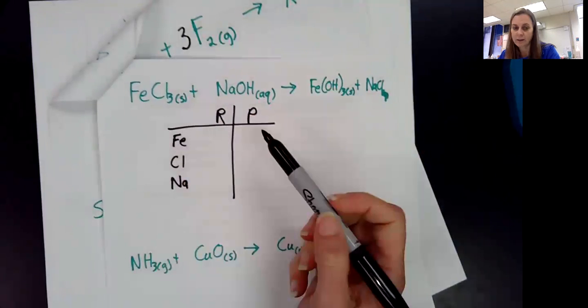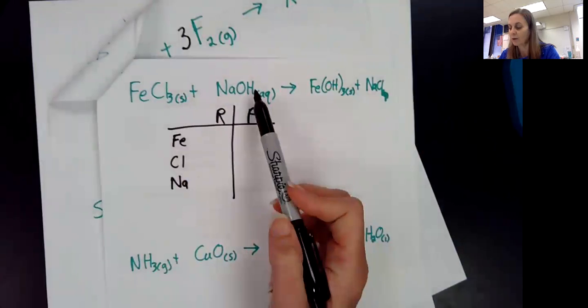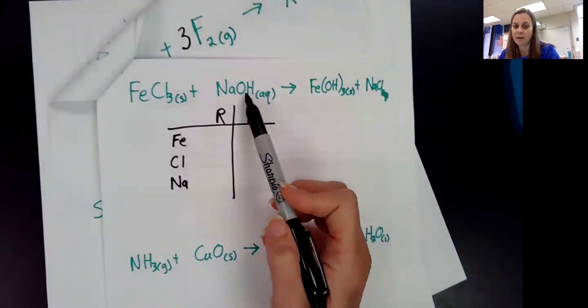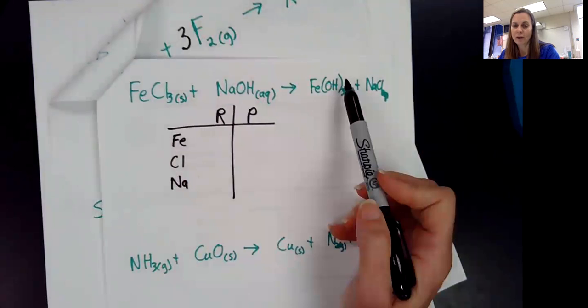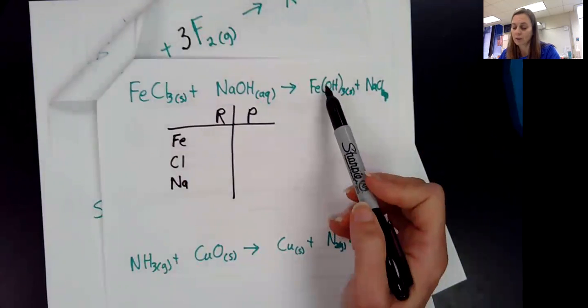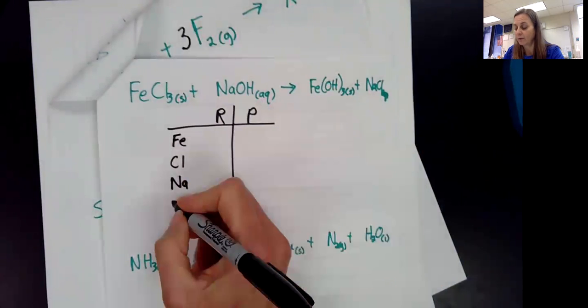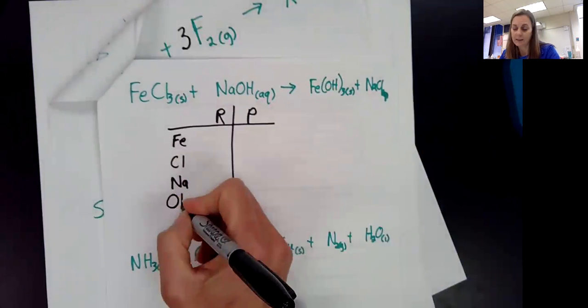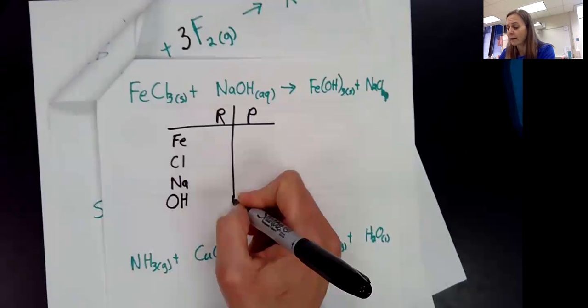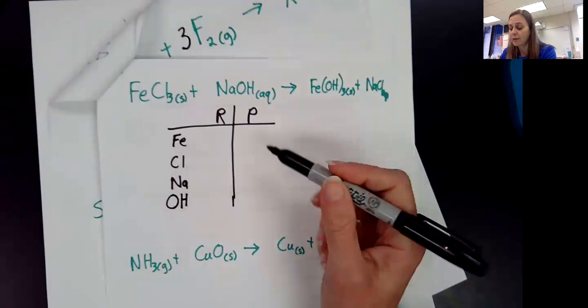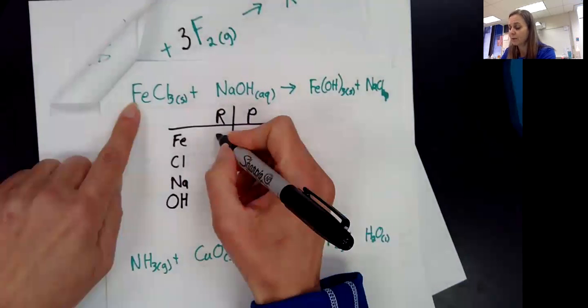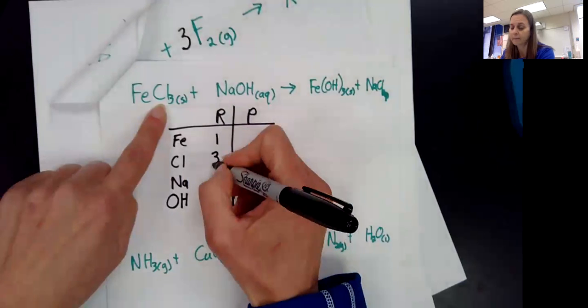Because I have hydroxide as a polyatomic ion here and as a polyatomic ion here, rather than breaking it up and looking at the oxygen and the hydrogen individually, I'm going to write hydroxide as one of my things that I'm balancing. So I have 1 iron, 3 chlorine, 1 sodium, and 1 hydroxide.